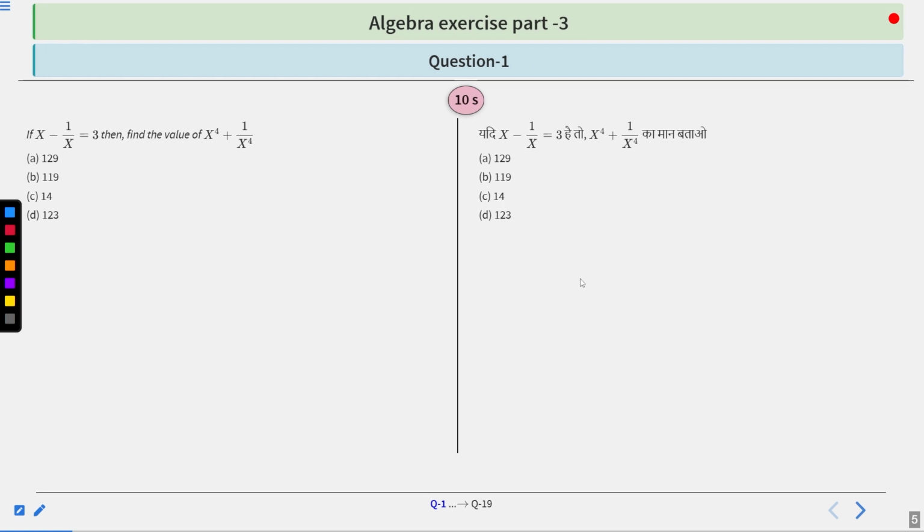Question says that if x minus 1 upon x is equal to 3, then find the value of x^4 plus 1 upon x^4. And options are option A 129, option B 119, option C 14, and option D 123.